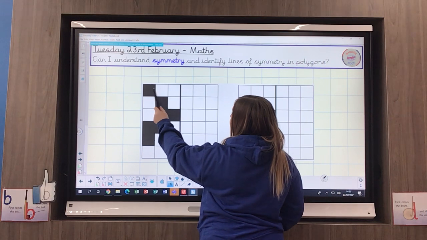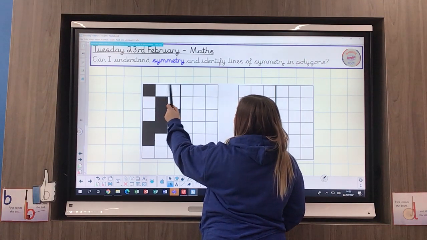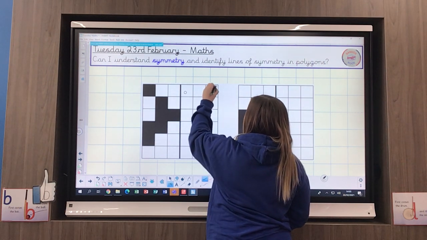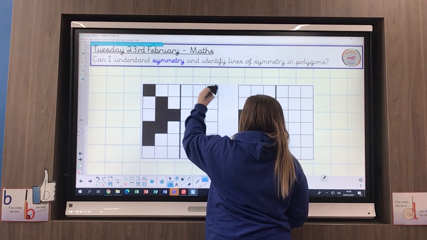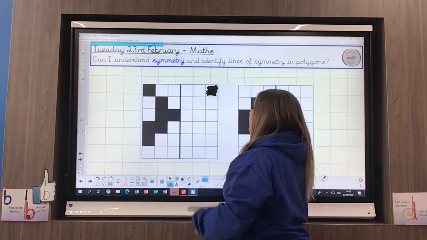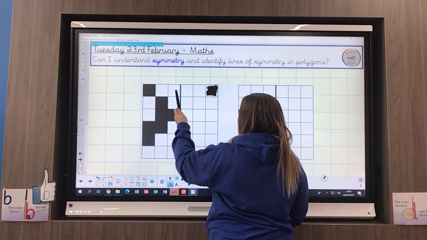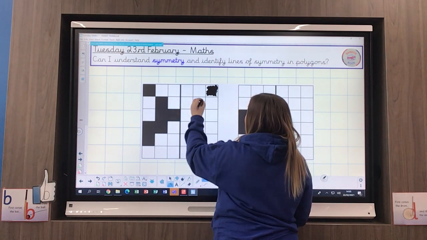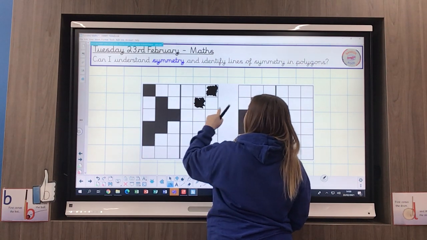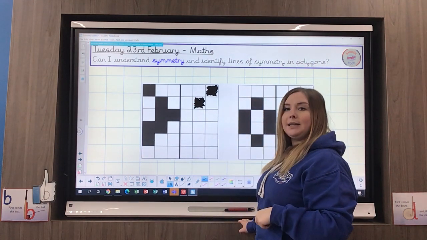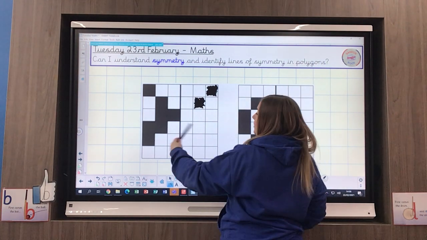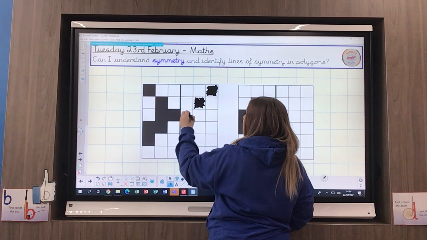So I've got black, white, white. So this side I'm going to go white, white, black. Okay. Then we've got white, black, white, white, black, white. And you see how it's a copy. It's like a mirror image of it, isn't it? So then we've got white, black, black.